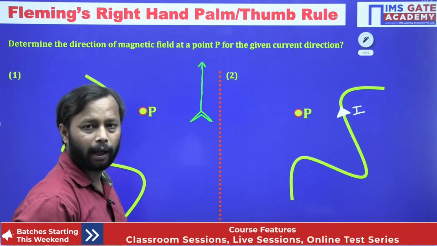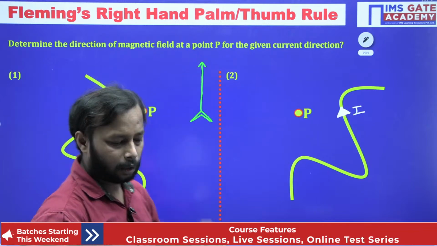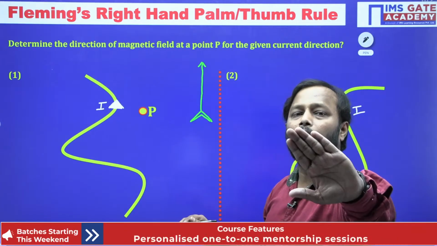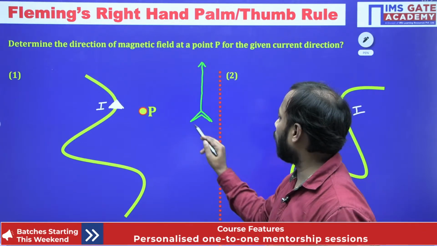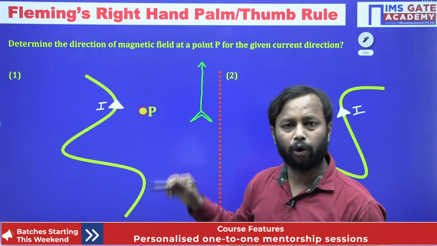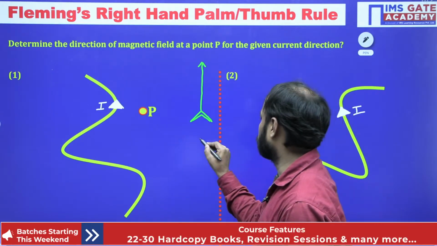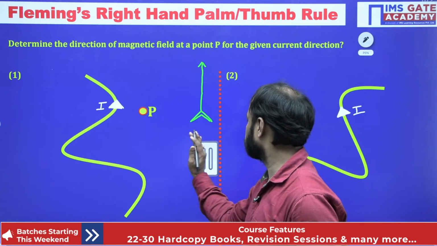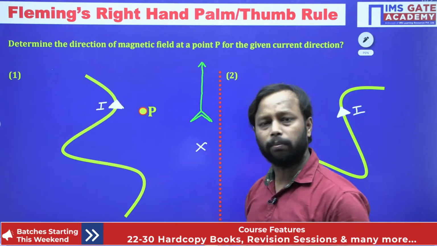Whenever you are releasing this arrow, it is moving away from you. So you will see the end point or tail of the arrow, and the tail of the arrow will look like a cross, isn't it? Whenever it is moving away from you.